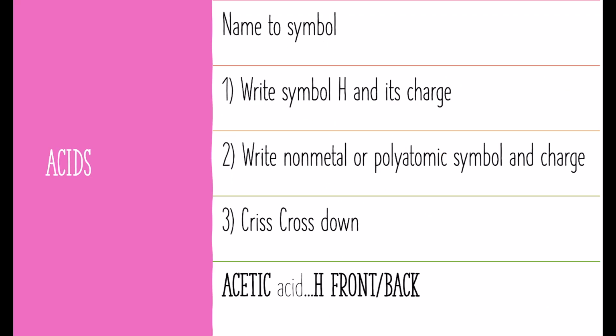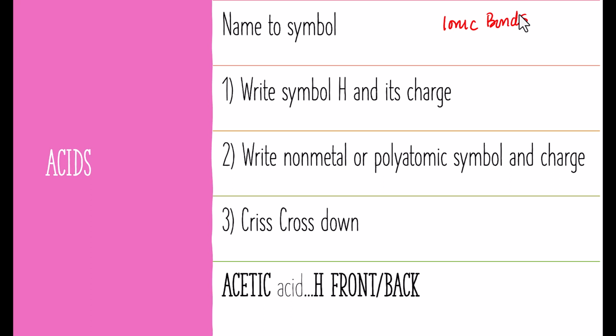So going in the reverse direction for acids, name to symbol, it is the same process as ionic bonds. The first thing we're going to do is write H and its charge, because every single one of your acids begins with a hydrogen, except for acetic acid. Depending on which version of the ion you use, the H could be in the front or in the back.